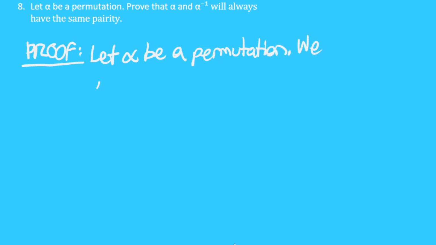We proceed by cases on alpha. We're going to do a case where alpha is even and alpha is odd because we're looking at parity. So only 2 cases for this proof.